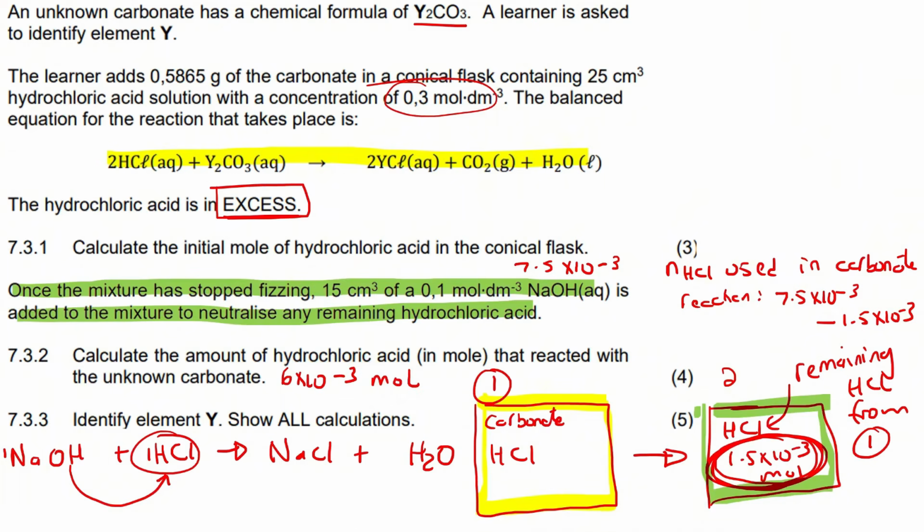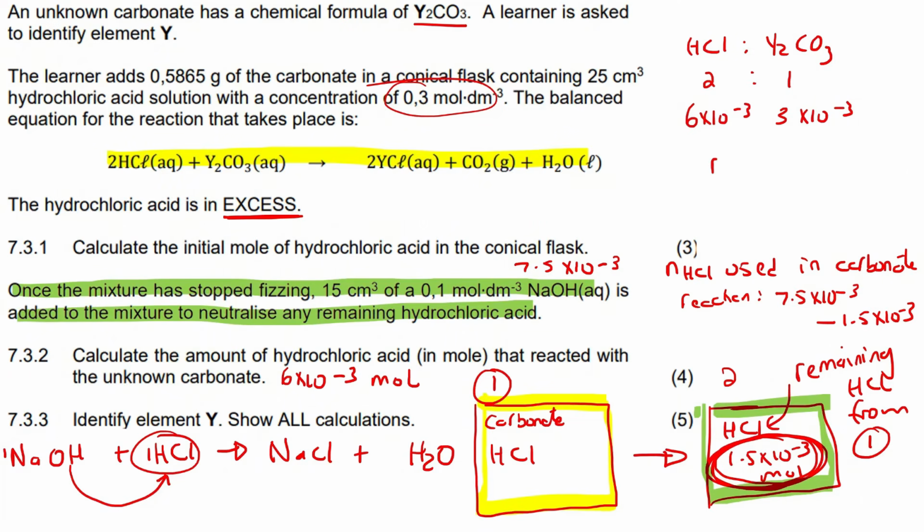So now we can get the moles of this carbonate. We can see that the ratio is 2 to 1. And so the HCl that we used there is 6 times 10 to the minus 3. So then this would be 3 times 10 to the minus 3. Now we have the moles of Y2CO3.